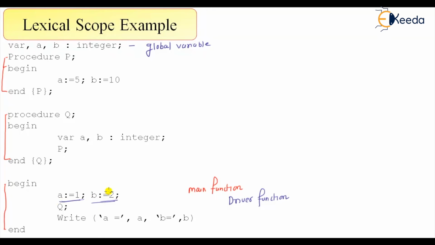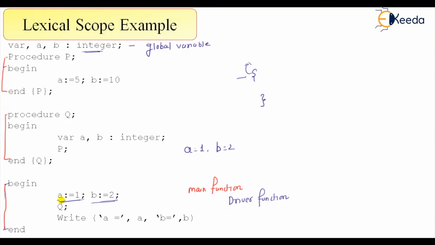So when you say a equal to 1 and b equal to 2, which a and b will be assigned? We are talking about lexical scoping, so I look outside of this block. There is a begin and end, so I look outside of it to see if any definition is present. I find there is a variable a and b as integer.